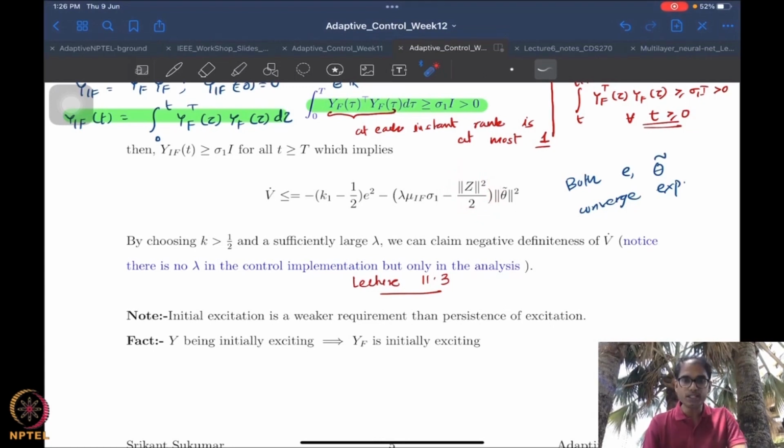How to deal with it is an interesting question. The way the authors have proposed is adding this gain lambda, which is only in the analysis and doesn't appear anywhere else. So you can dominate this z term. Now, this is a state varying quantity.